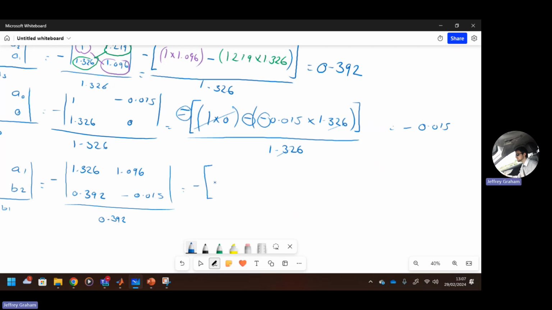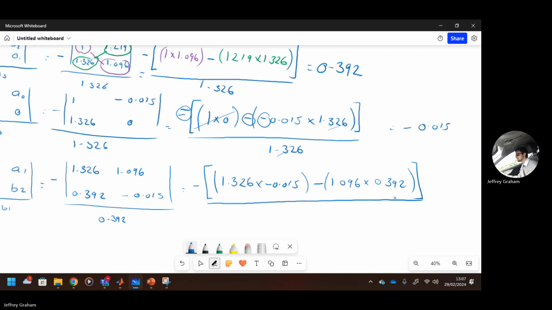So minus, then in brackets, 1.326 times minus 0.015, take away 1.096 with 0.392. All on the bottom is 0.392.